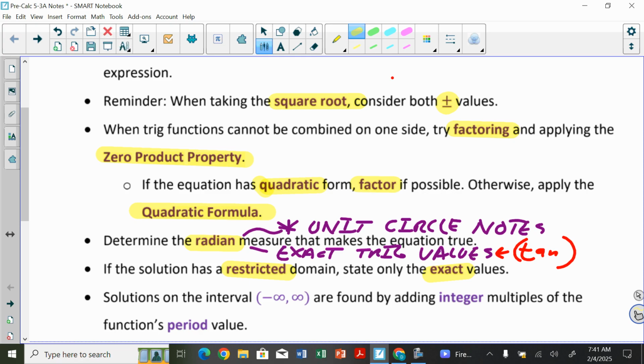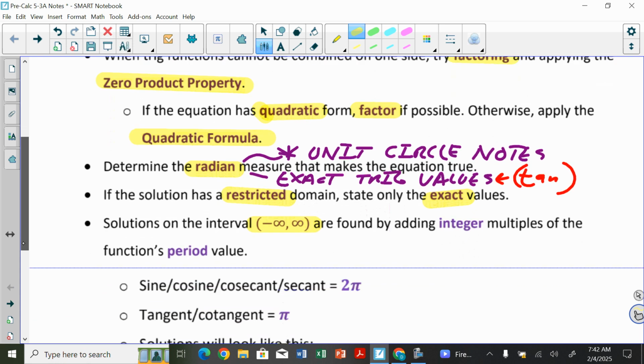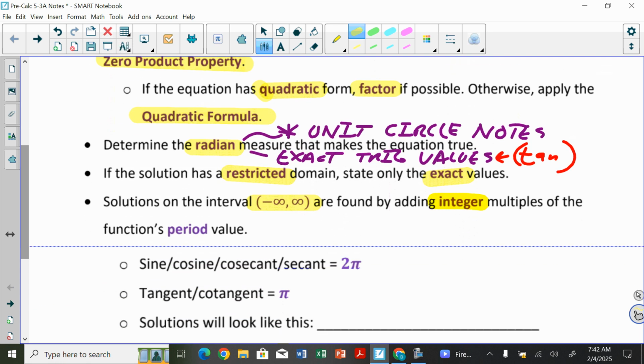And then solutions on the interval from negative infinity to positive infinity are found by adding integer multiples of the function's period value. So we'll talk about what that means here.